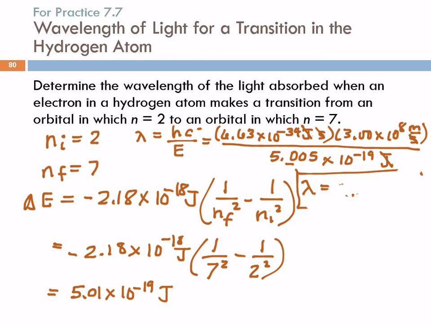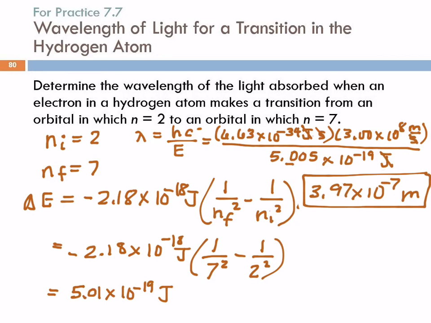I had it in my head somehow, and that's how we all make mistakes. That's why group effort, 2 heads are better than 1. So let's call that 3.97 times 10 to the minus 7. That's better. Okay, what else did I mess up on?